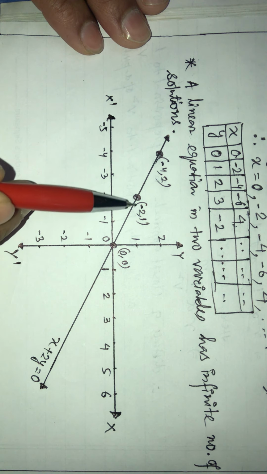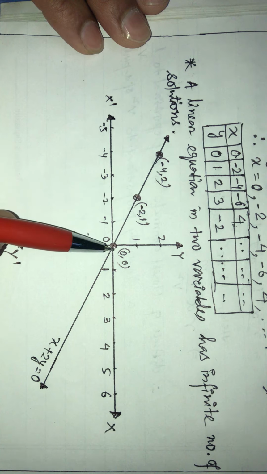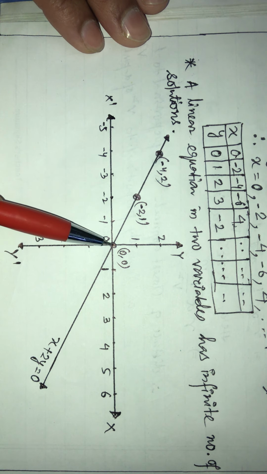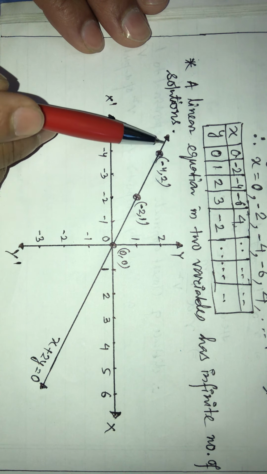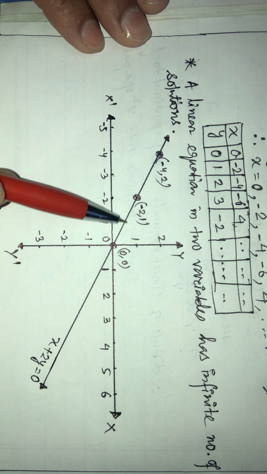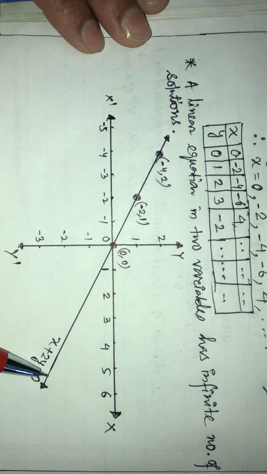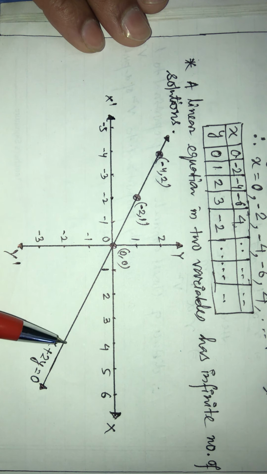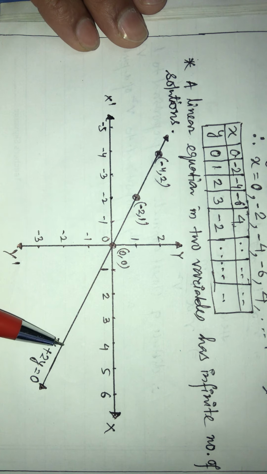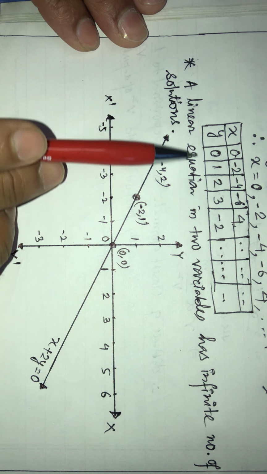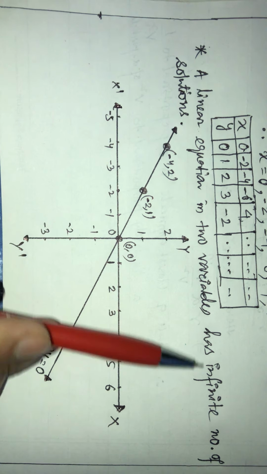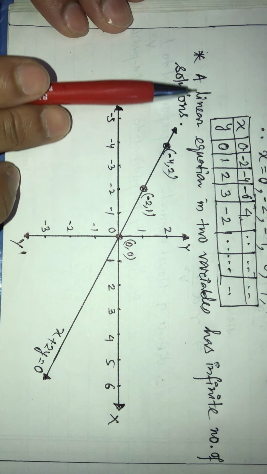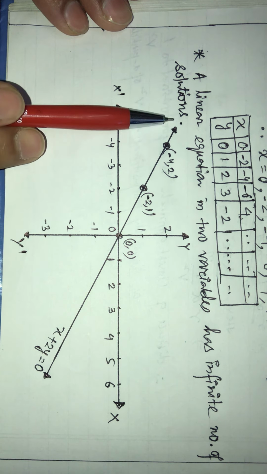Since these 3 points which I got from this table are called solutions, in the same way, whatever point you mark here, because this line consists of infinite points, each of those points will give you a solution. That's why a linear equation in 2 variables has infinite solutions. So this explains the meaning of what I wrote here.